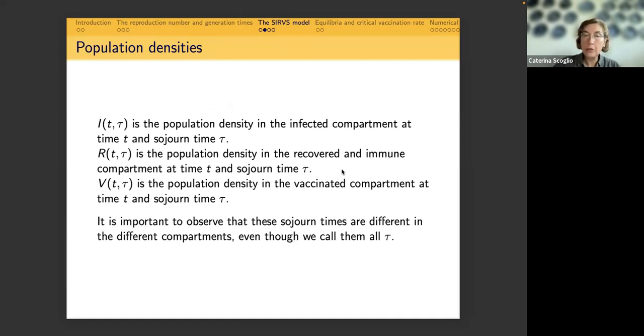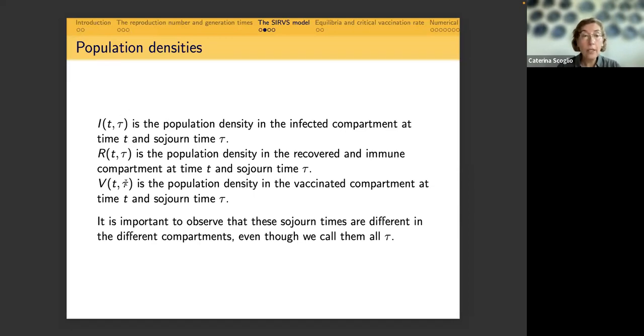And it's important to consider that S stands for the population density as a function of time only. All the others, for example I, R, and V, are in our model the population density in the infected compartment at time t and sojourn time tau.